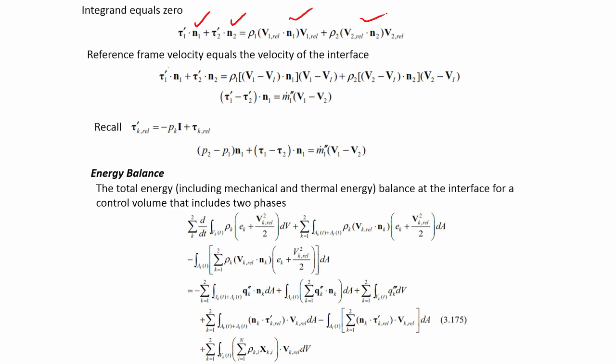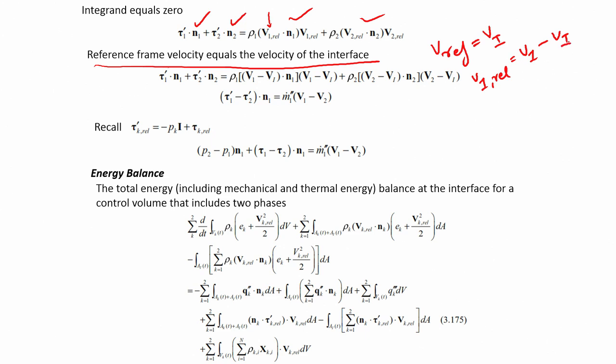Now, if the reference frame velocity equals the velocity of the interface, which is Vi, as in the case of your momentum expression, then you can substitute V1 relative equal to V1 minus the corresponding Vi, like we did last time.